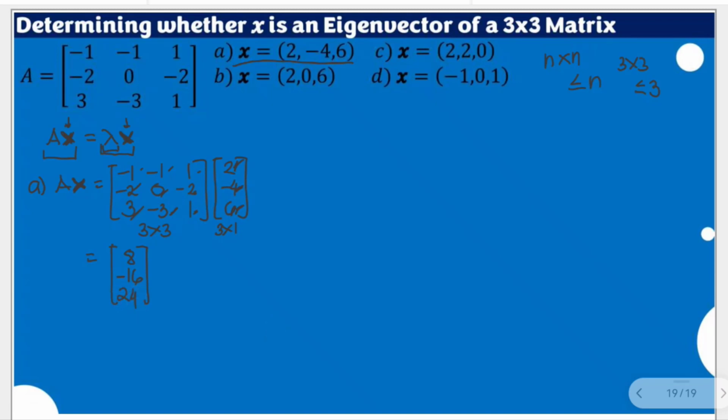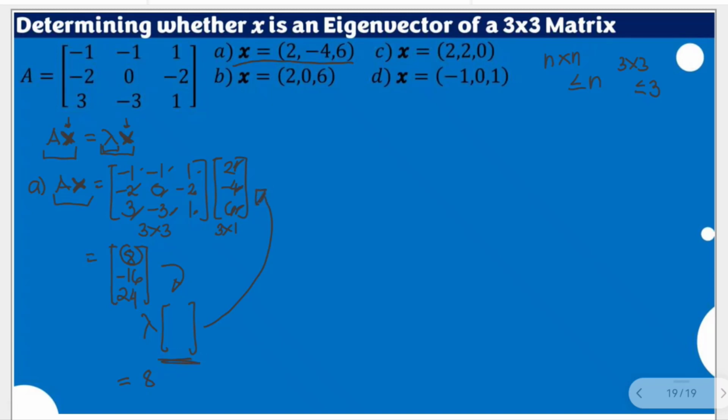This is the result of A times your vector x. Now, let's examine if you could factor out a certain lambda here, which will in return leave a vector similar to the original. Of course, for 8, -16, and 24, you could always use 8. However, let's not use 8, because the goal here is to make sure the remaining vector returns to the same vector.